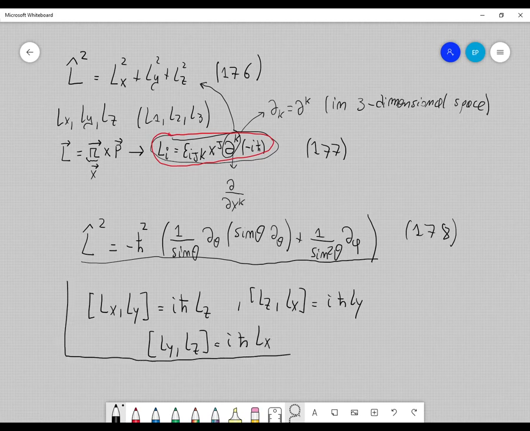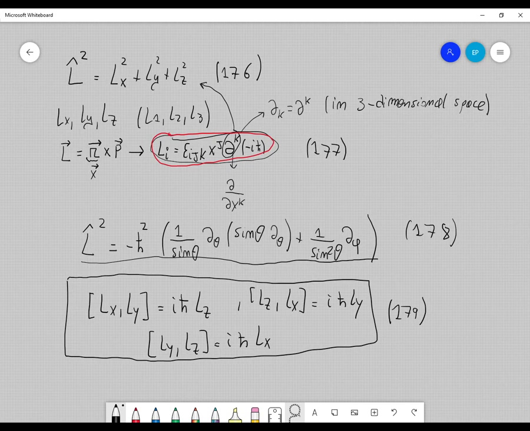These commutators are very important. And you can see that since these commutators are non-zero, the angular momenta do not commute. It means that they cannot be measured simultaneously. Okay, 179, let's say.